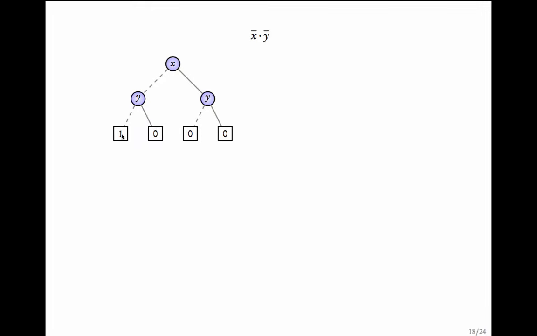Firstly, there is no point of having 3 zeros. It's enough if we have one representation for the bit 1 and one representation for the bit 0. Now here, this y, both its successor edges go to the same node.